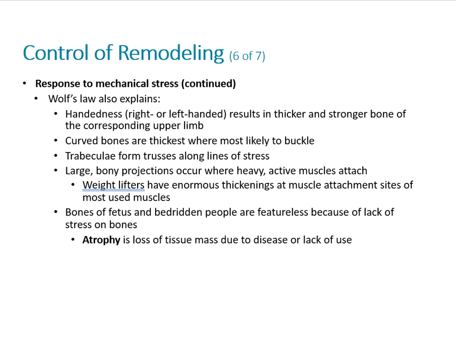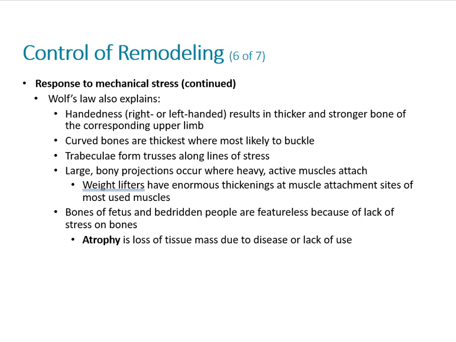You'll note that they occur where heavy active muscles generally attach, and weightlifters have enormous thickenings at these muscle attachment sites, especially in their most used muscles. Even before we're born, the bones of the fetus, or in bedridden people, we see a lack of these structures. We could say that their bones are featureless, because it's the stress on bones that develops these large bony projections, or simply these bumps and ridges.